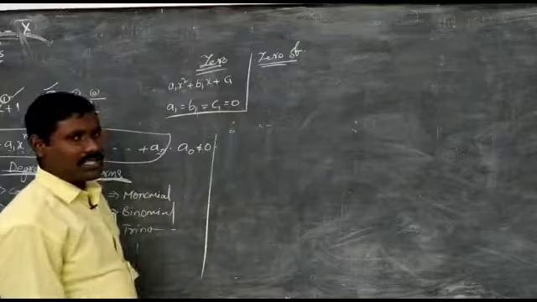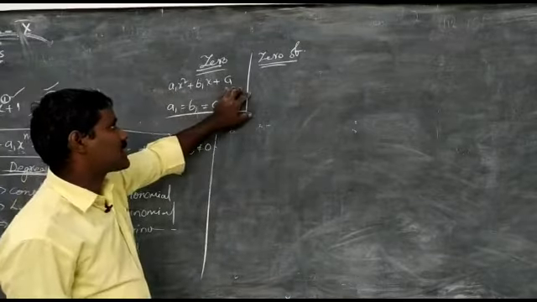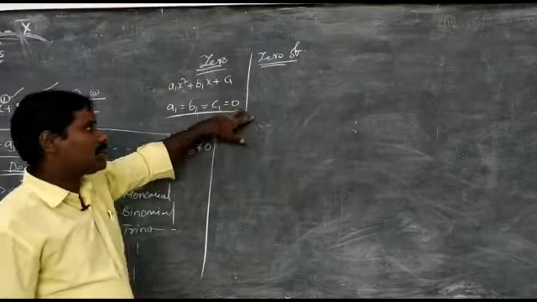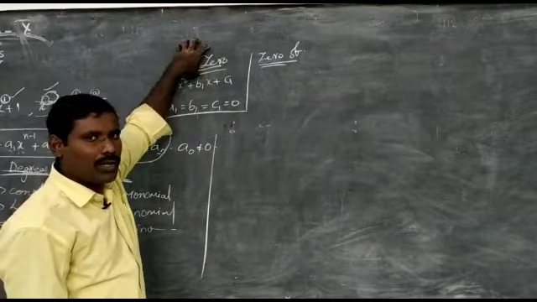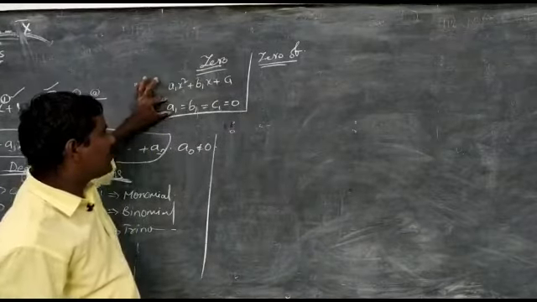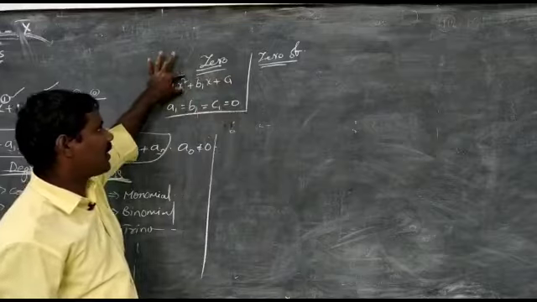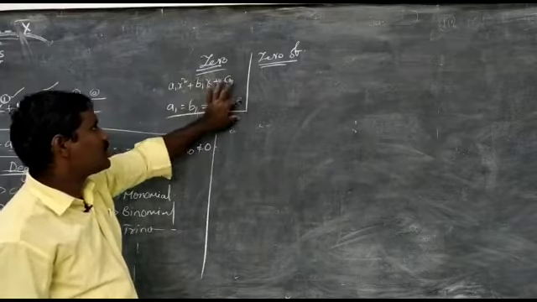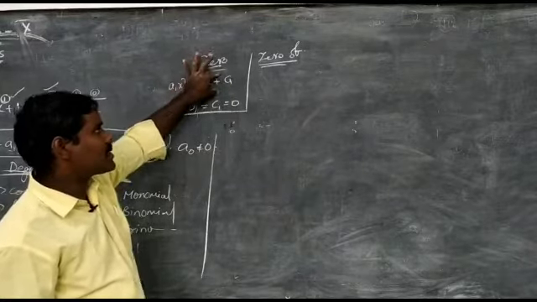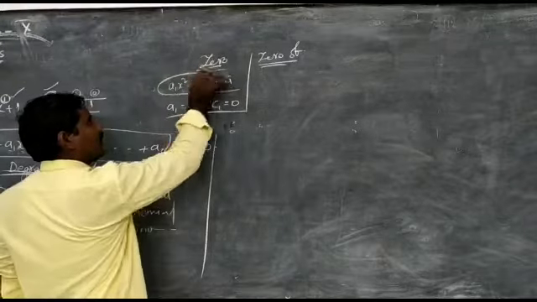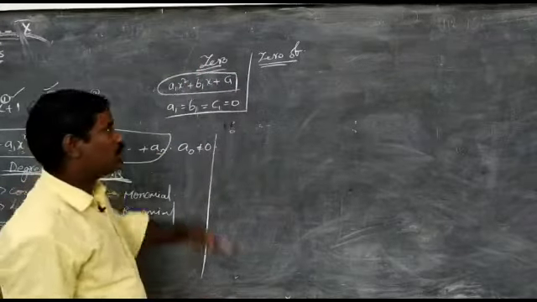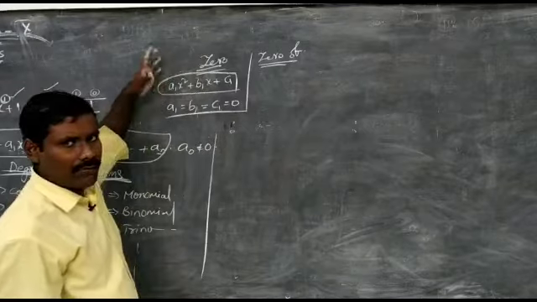If the coefficients of all these are equal to 0, then the polynomial is called the zero polynomial. That means 0 into x square plus 0 into x plus 0. Then the total polynomial value is 0. The degree of the zero polynomial can't be found.